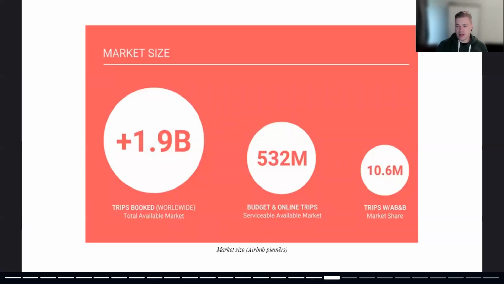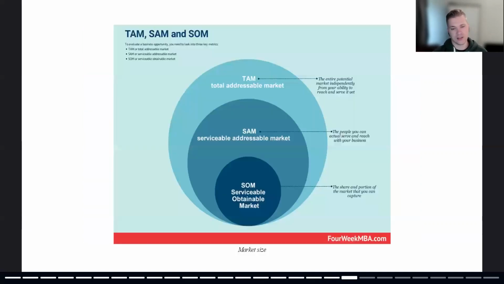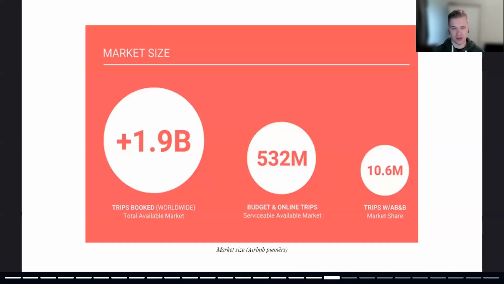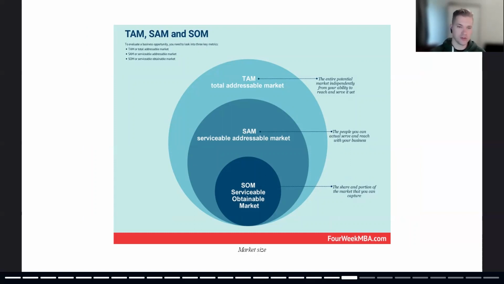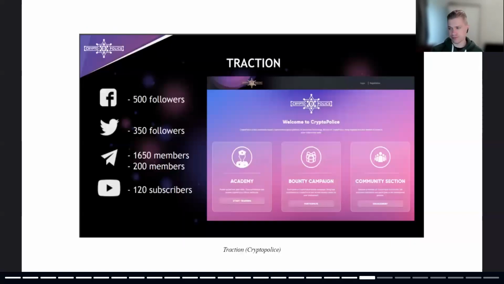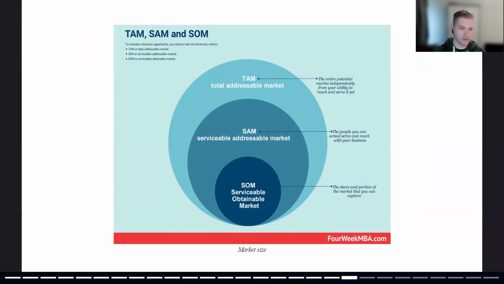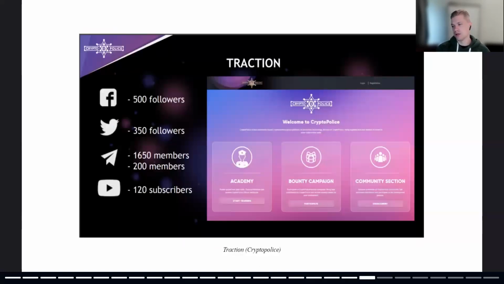The market size, yeah, what I said about the total market, then the serviceable market, and actually the part that you are planning to reach, is just the same information shown in different visual ways. And it doesn't mean you have to show it like this. You can maybe find another way as well.